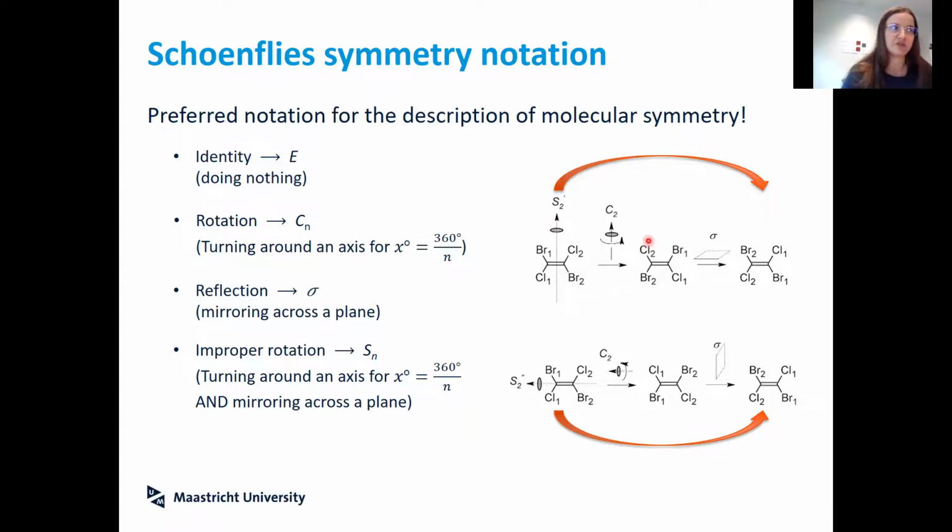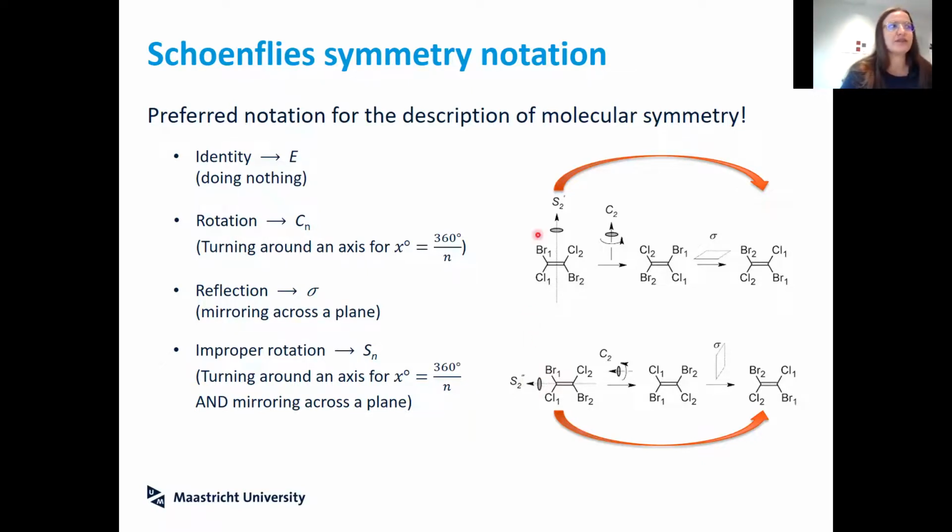We labeled just to be able to track what we're doing, but if you take the indexes out, this and this are equal to each other. So that's the reason why the improper rotation exists as a unique element by itself. It's not the sum of two operations. It's an operation that must be performed all together.